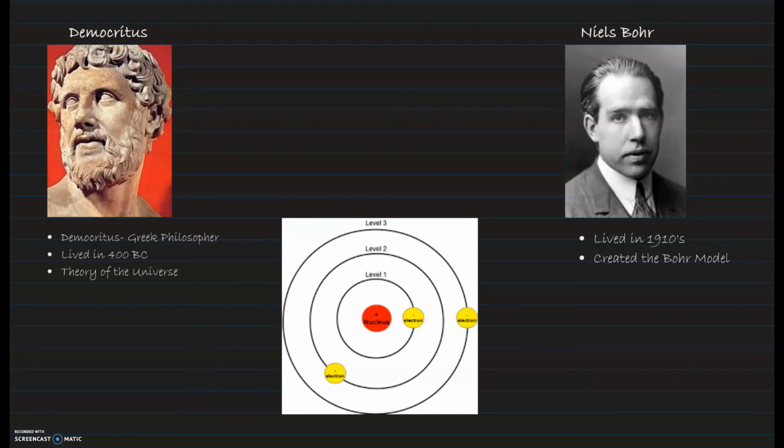Democritus was a Greek philosopher who lived in 400 BC, and he proposed a theory of the universe. He also coined the term atom, which came from the word atomos, which meant indivisible. Now, he thought if you took matter and divided it more and more, eventually you would get to a point where it can no longer be divided.